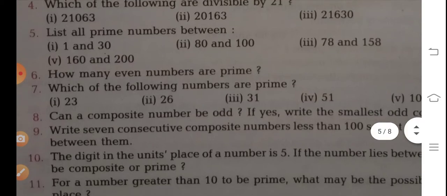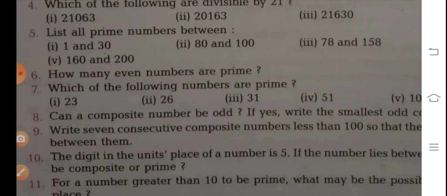And how many even numbers are there in this period? The question asks how many even numbers are there. So firstly, what is an even number?